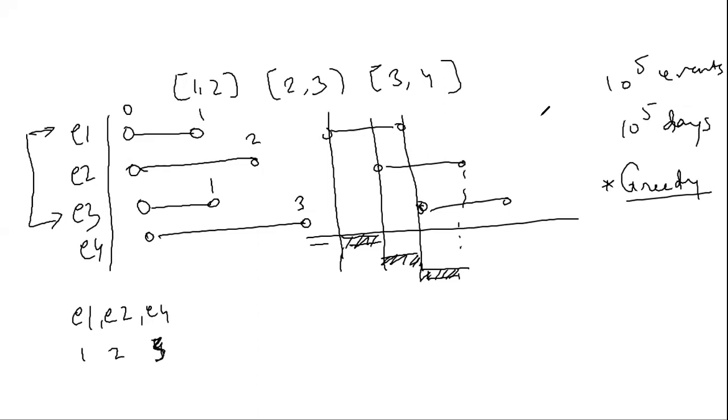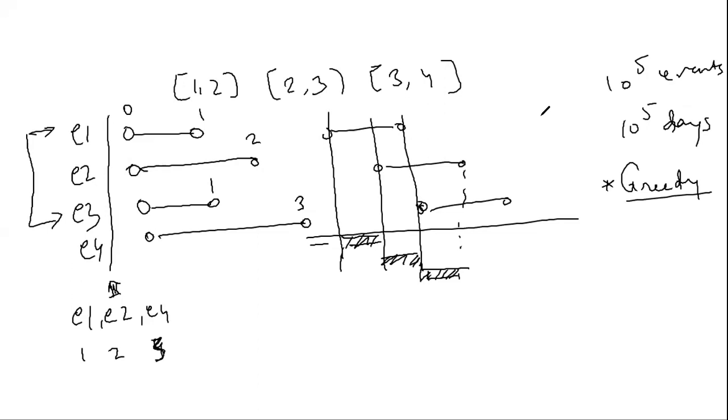So now the question is, if I want to do event 2 on the first day, if I do that, can I maximize the number of events I attend? No, because if I select event 2 on the first day, the maximum will be only 2. Right, because it already overlaps with E1 and E3.